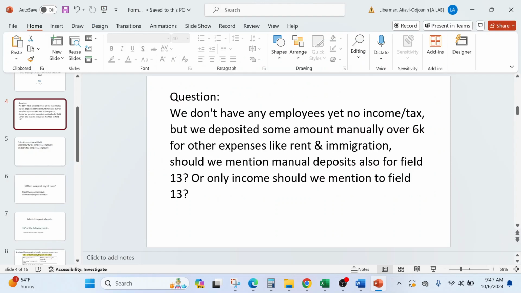Based on this question, my understanding is the deposit that you made, whether it's manually, I will assume you use cash or you deposit the amount in the business account, and you say over 6,000, that can be considered as capital contribution to your business.